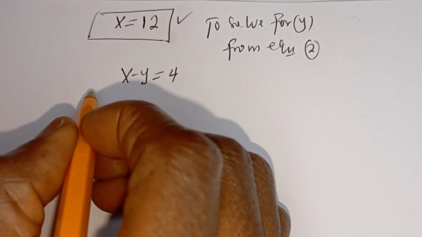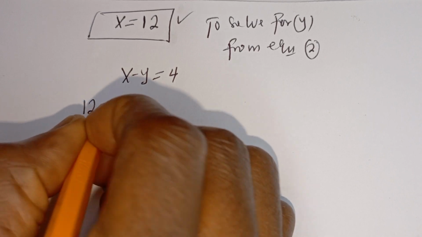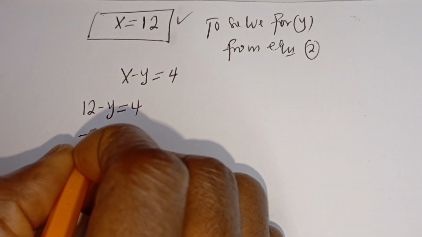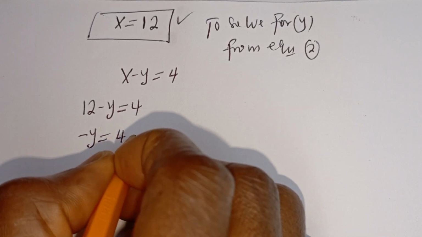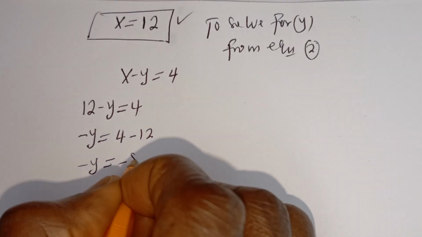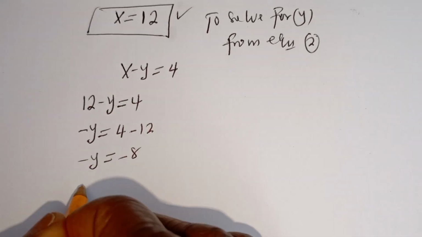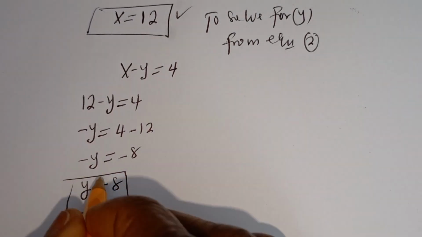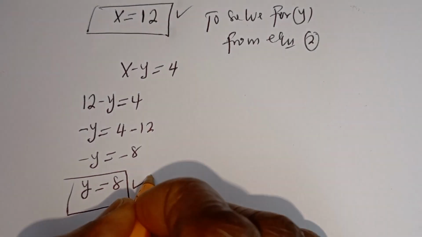When s is 12, we have 12 minus y is equal to 4. Minus y is equal to 4 minus 12. Minus y is equal to minus 8. y is equal to 8. This is the value of y, and this is a natural number. It is also accepted.